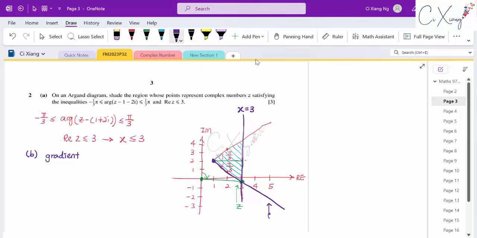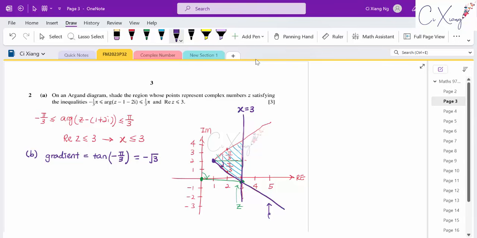So gradient is equal to tangent, and the angle is actually negative pi over 3, right? When we measure it in the clockwise direction, therefore the tangent will be tangent of negative pi over 3 for the gradient, right? So for this case, the gradient that we get will be equal to negative square root 3.